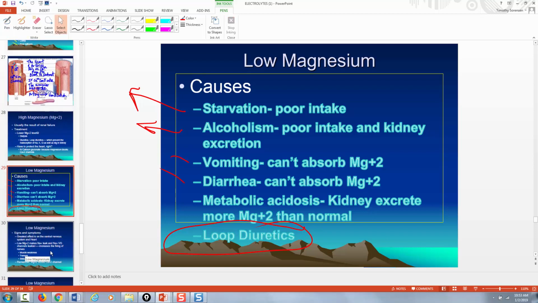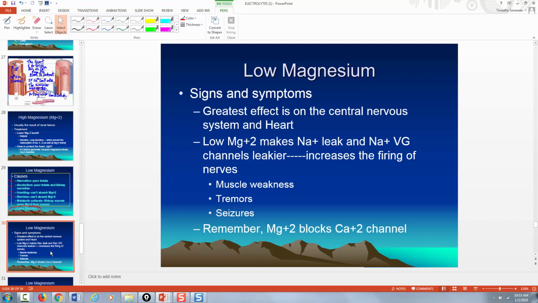All right, so let's look at some of the signs and symptoms. Again, because magnesium blocks calcium channels, low magnesium is going to make calcium want to flow into the heart and blood vessels more frequently.